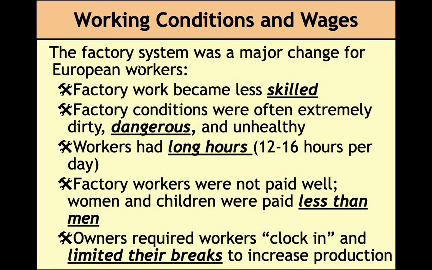So factory system, major change. They became less skilled, dangerous conditions, long hours, 12 to 16 hours per day. Factory workers were not paid well. Women and children were paid less than men.